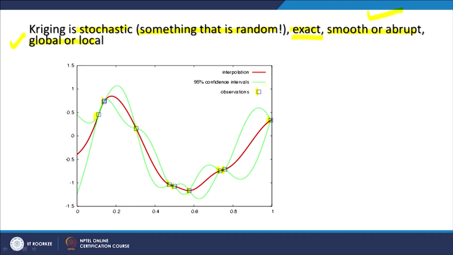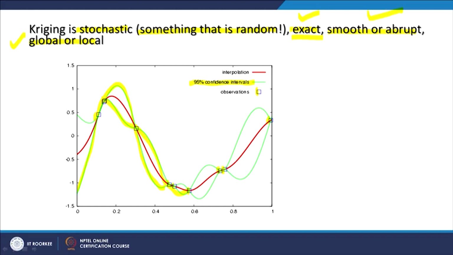These are the observations in blue boxes, but if I keep a 95% confidence interval, then there may be a kriging surface going like this, or a surface exactly passing through our observation points. That is why it is exact.